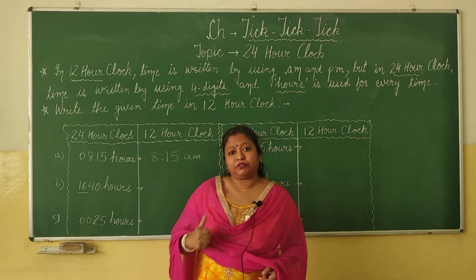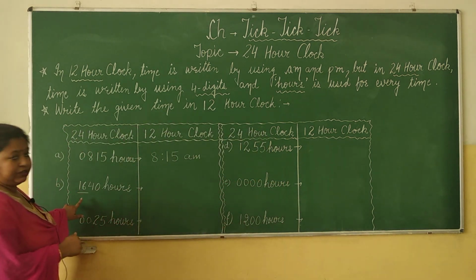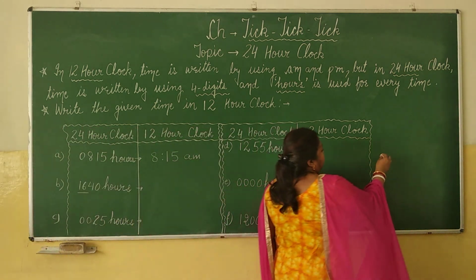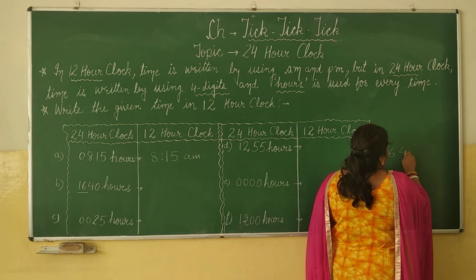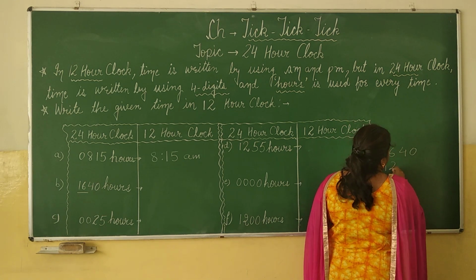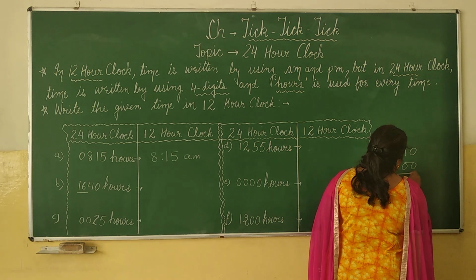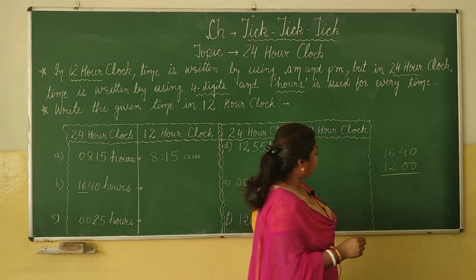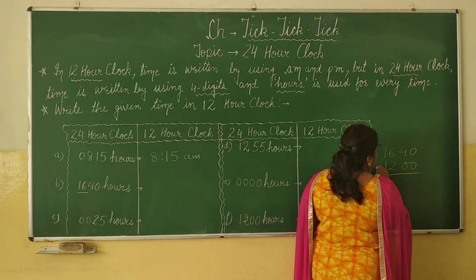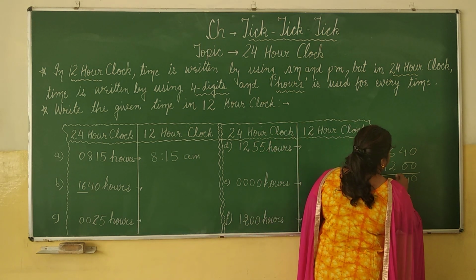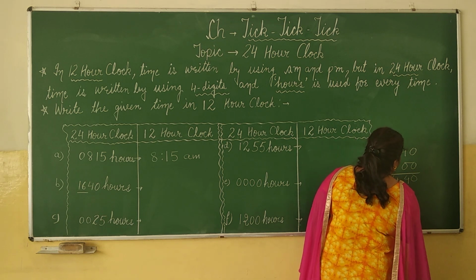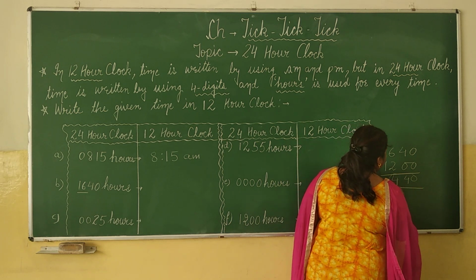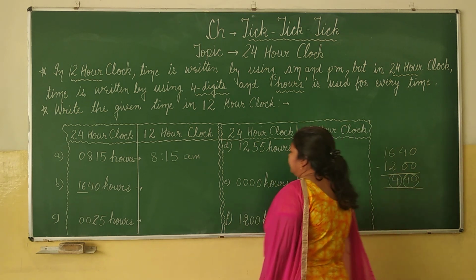Now we will subtract 12 hours from 16. You can do this by subtracting 1200 hours from 1640. So we get here, how much, children? 440.